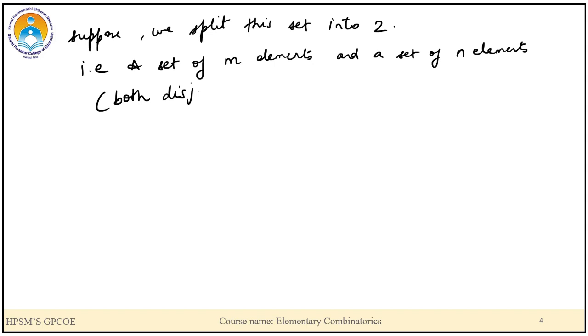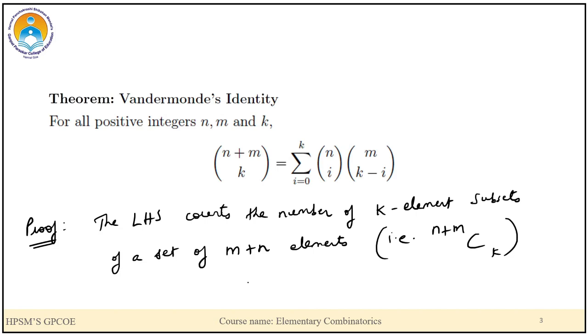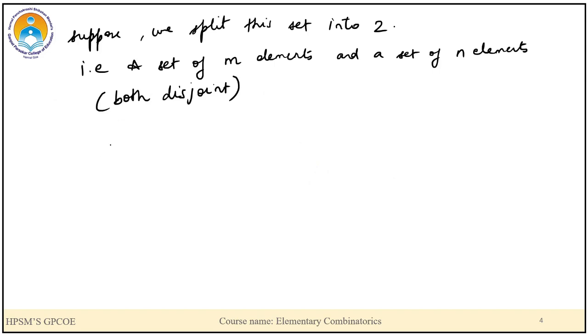There should be nothing common to both these sets. Again, I need to select a subset containing k elements. So suppose I choose i elements from m, it means that I need to select the remaining k minus i elements from n. That's it. This is the idea of the proof.